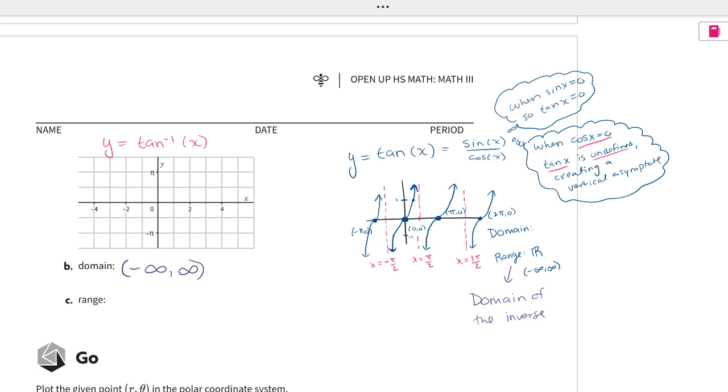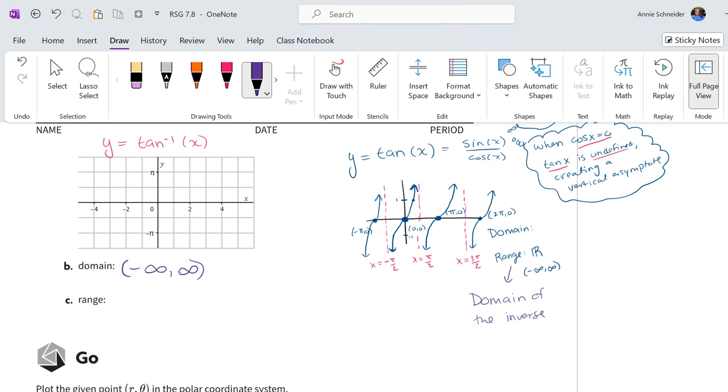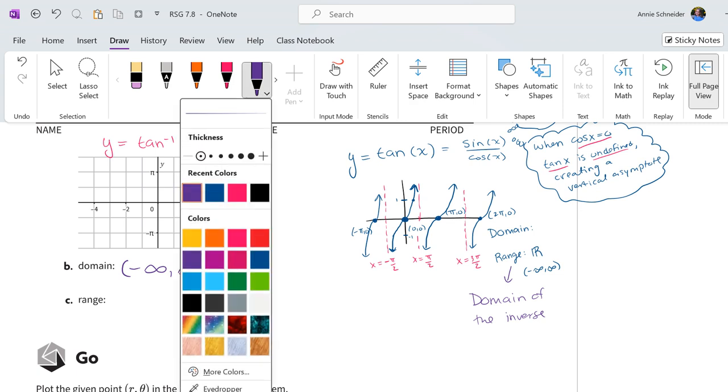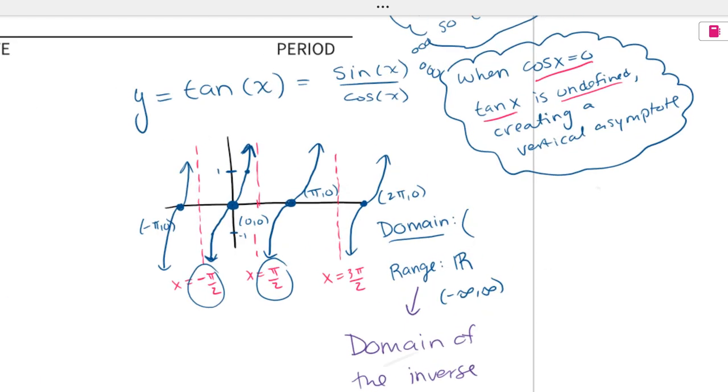We could also have thought of this the same way as we did for the other graphs. Now let's talk about range. The range of the inverse function is going to be equivalent to the domain of tan. We see that we have negative pi over 2 and pi over 2, the closest vertical asymptotes to 0. Those points create vertical asymptotes, so I can't include them.